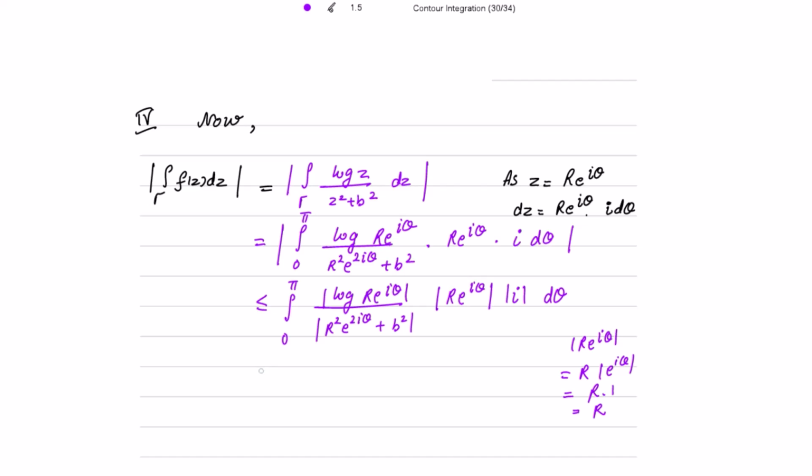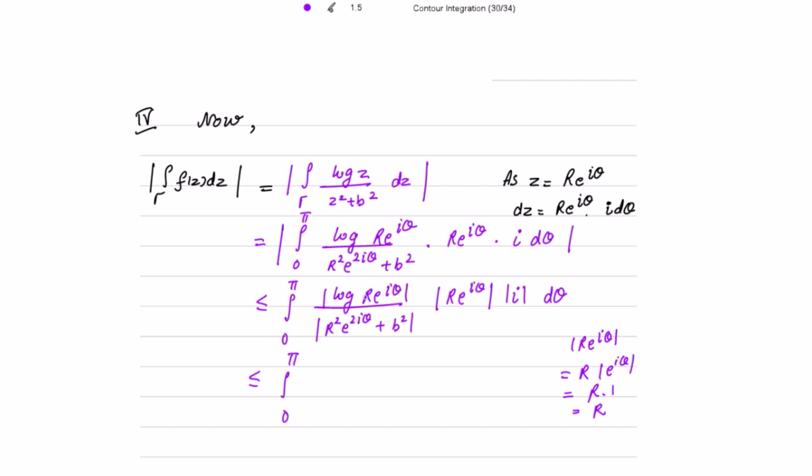right? And applying the inequality result, that mod of x plus y is greater than or equal to mod of x minus mod of y. So if you take the mod of the first one, r² e^(2iθ), this will be r² only, that is 1, right? So this is further less than or equal to the integral from 0 to pi.